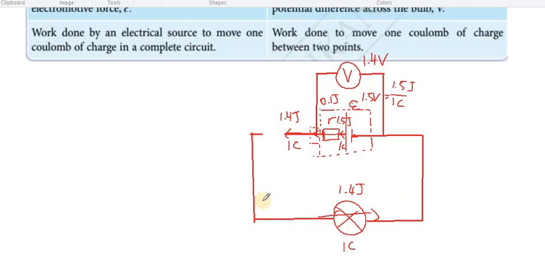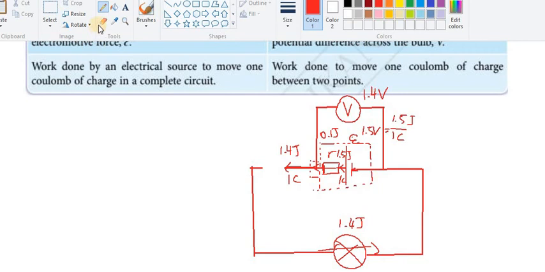Here no charge. So we take it that the charge has to pass through the voltmeter. We take it like that.